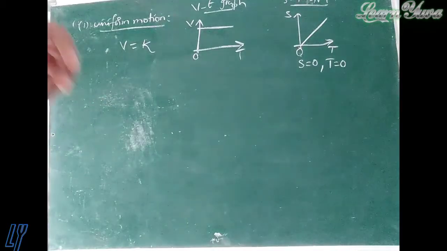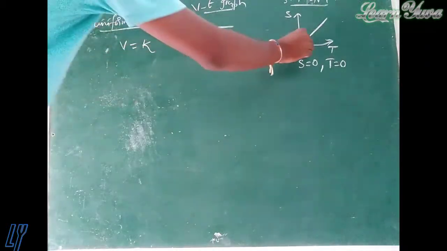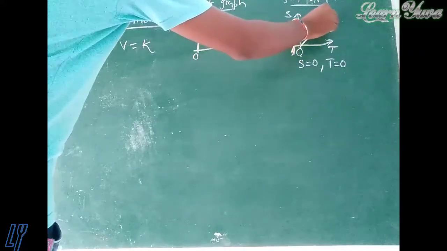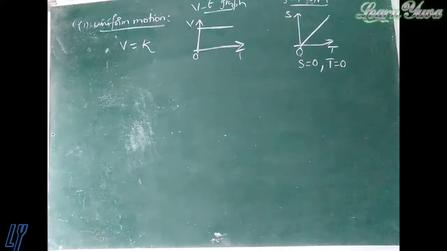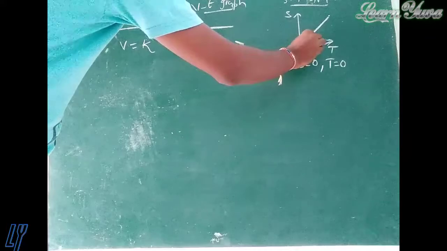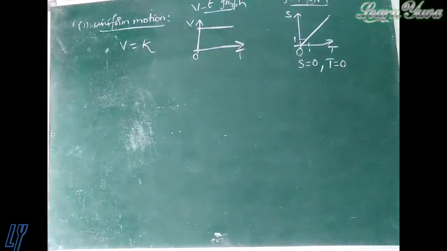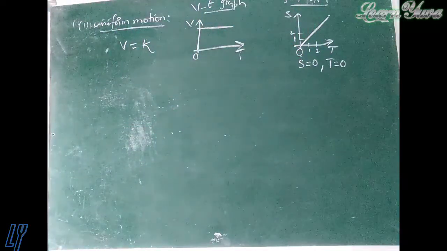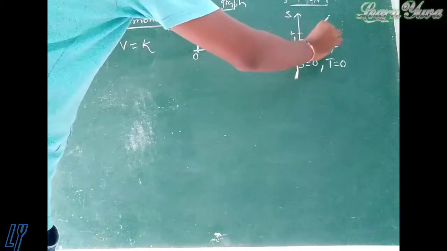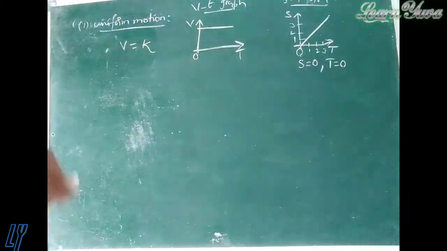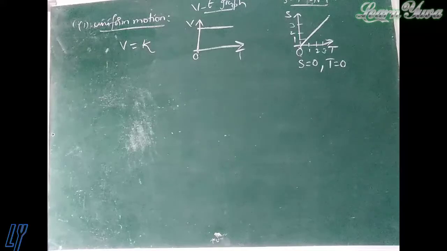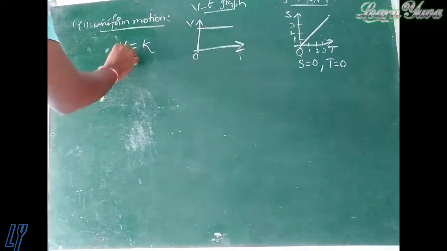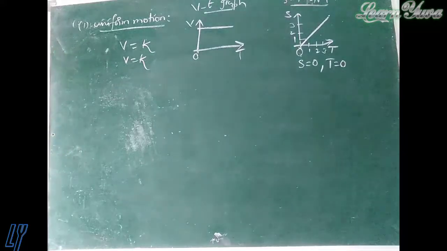So it is uniform velocity, because at time 1 second the distance traveled is 1, at time 2 the distance is 2 meters, 2 by 2 is 1, at time 3 the distance is 3, 3 by 3 is 1. So the velocity is constant.